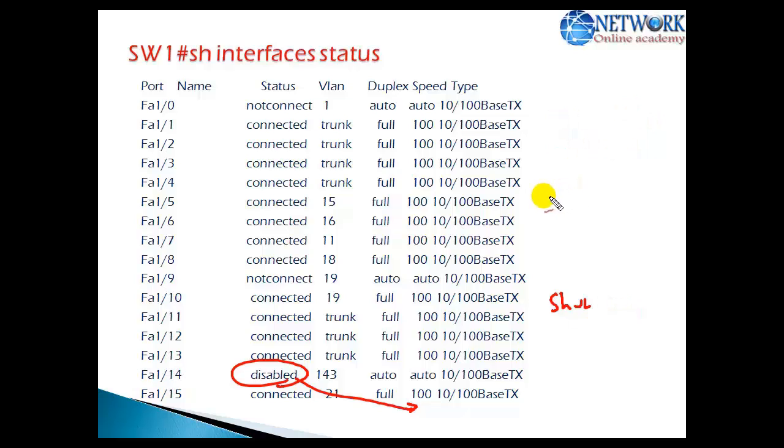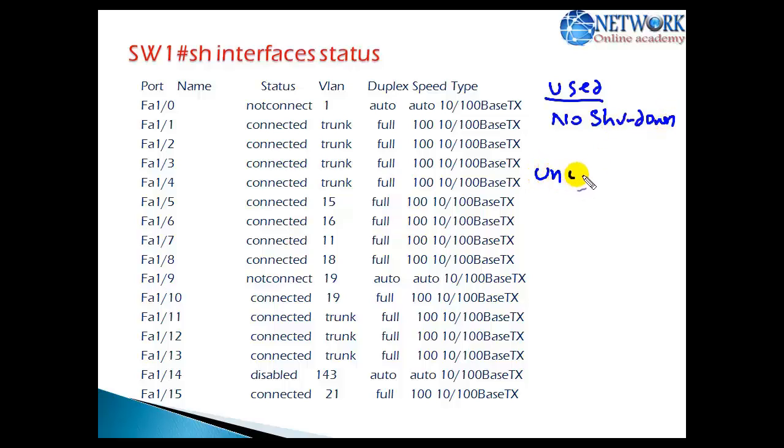So there are three types of messages you should see here. For the ports you're connecting, you should see connected, and for the ports which are not in use, you might see not connected. If you see disabled, the port is in a shutdown state. In a production network, the recommended practice is to keep the ports we are using in no shutdown state, and shut down the unused ports.